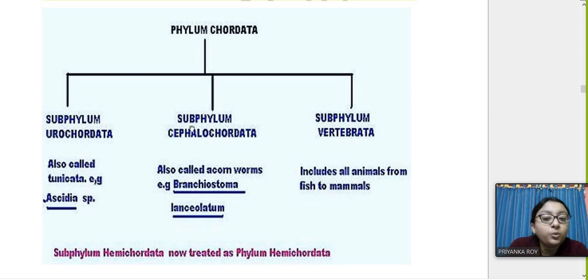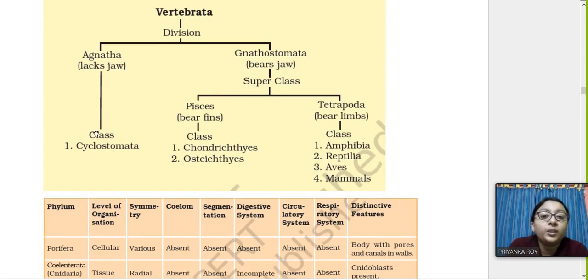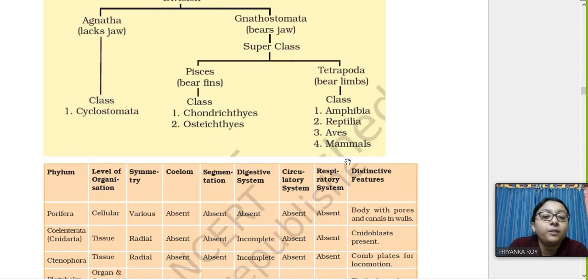These are also called tunicates and these are called lancelets. Next, Vertebrata is divided into 2 divisions, Agnatha and Gnathostomata, according to the presence or absence of jaws. Agnatha has only one class, Cyclostomata, and Gnathostomata has two superclasses: Pisces, which bear fins and are water animals, and Tetrapoda, which bear limbs and are land animals. So amphibia, reptiles and mammals.